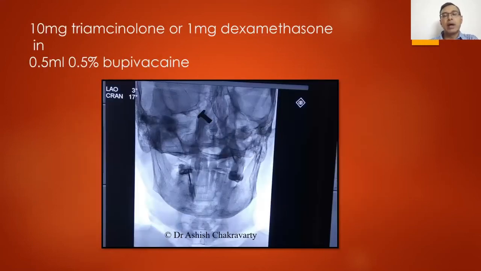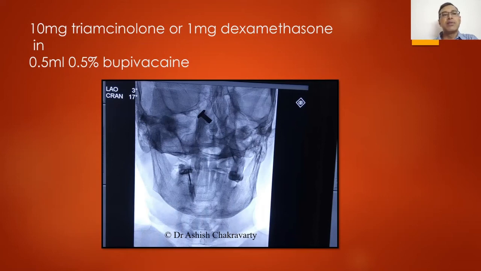Having injected the radio contrast, if my contrast pattern is confined to the atlantoaxial joint, I use triamcinolone as my injectate, which I usually inject as 10 milligram. Or if I am using a non-particulate steroid, I prefer to use dexamethasone 1 milligram.